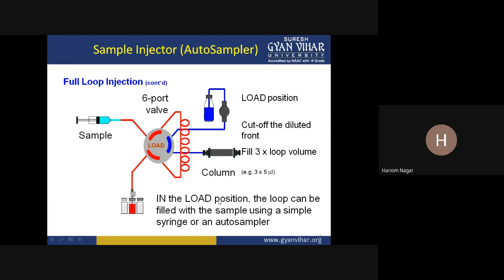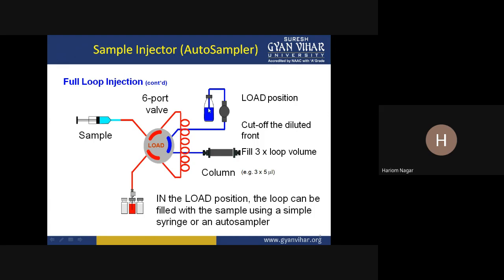So in the load position, the loop can be filled with the sample using a simple syringe or an autosampler. Okay. So in this full loop injection, we can load our sample manually by using the syringe, or we can load our sample using the autosampler. Okay.